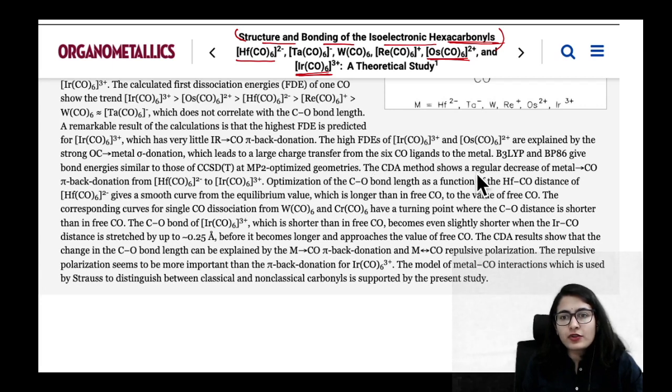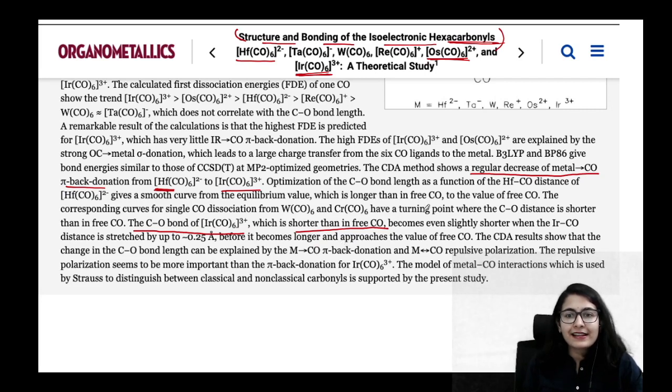The CDA method shows a regular decrease of metal carbonyl pi back donation from hafnium 2 minus complex to iridium 3 plus complex. And one very important line: the carbonyl bond of this complex is shorter than in the free carbonyl. And how is that going to happen?